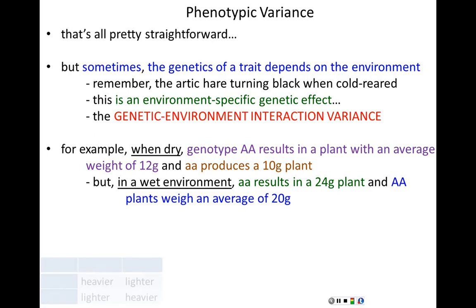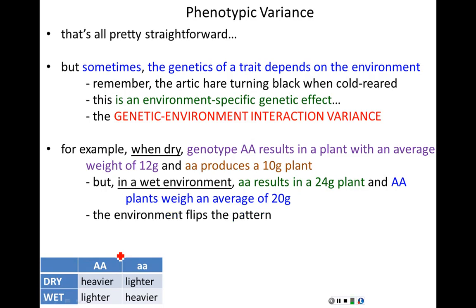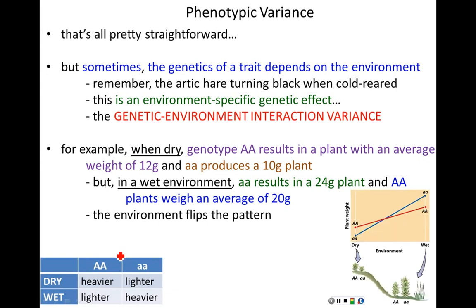They switched. So when it's dry, the homozygous dominant is heavier than the homozygous recessive. When it's wet, the homozygous dominant is lighter than the homozygous recessive. The environment, the abundance of water, flipped the phenotypic pattern. It flipped the phenotypic pattern, making the heavy guy lighter and the light guy heavier.